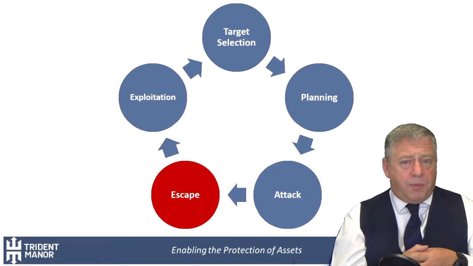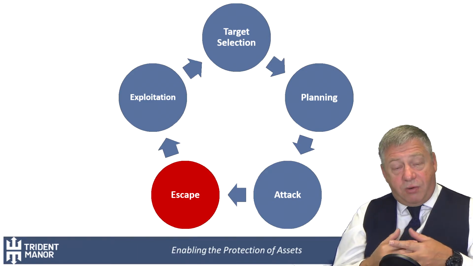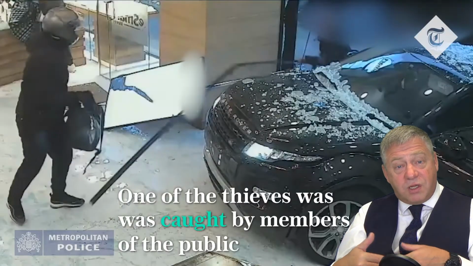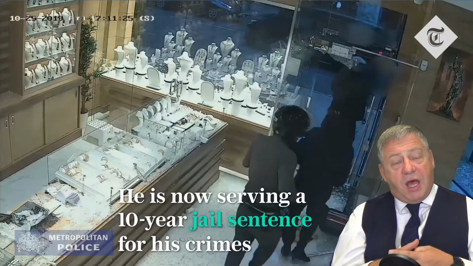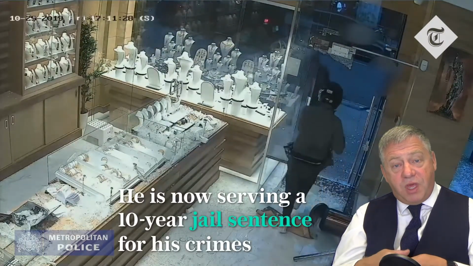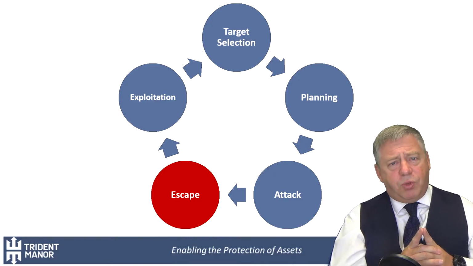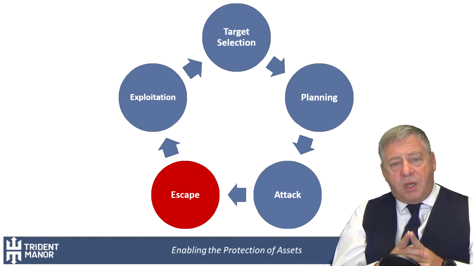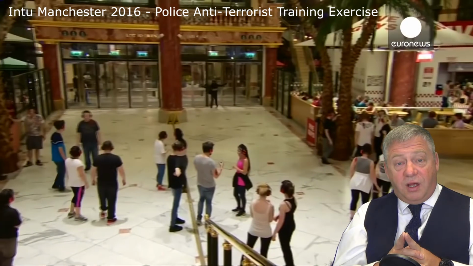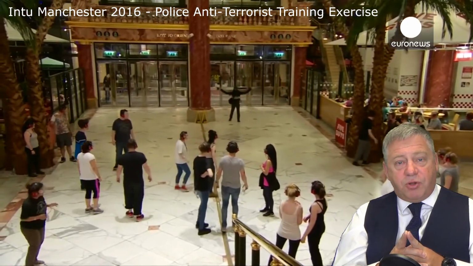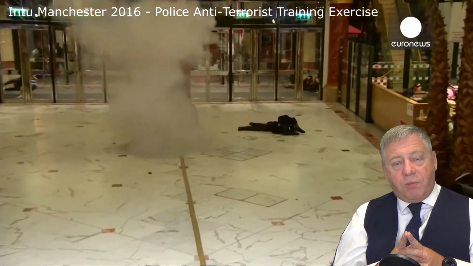Escape is an important part for criminals, in the sense that their escape is part of the planning phase, and they want to plan their routes. What are their escape routes? How are they going to escape from the area to a place of safety? One of the things that has changed, certainly with regards to terrorism, is that martyrdom is seen as a form of exploitation, and martyrdom is a goal following on from the initial attack.